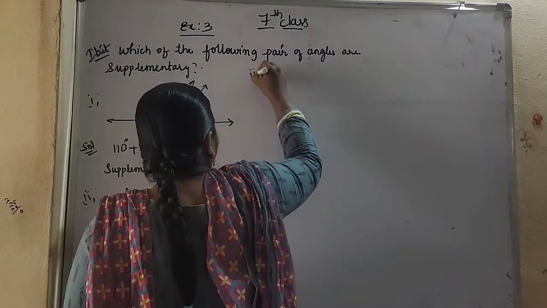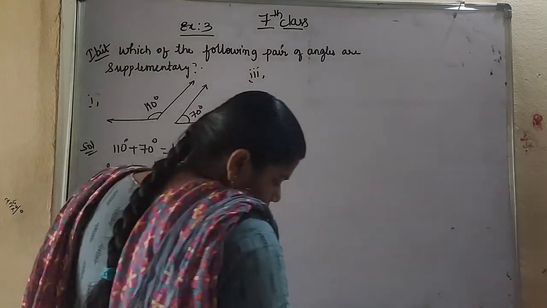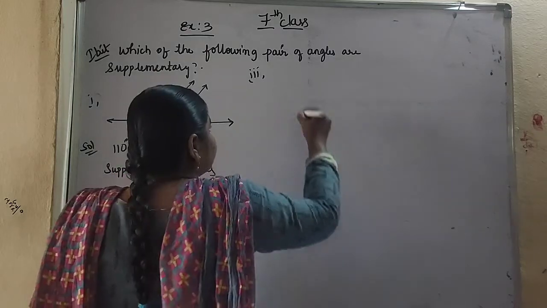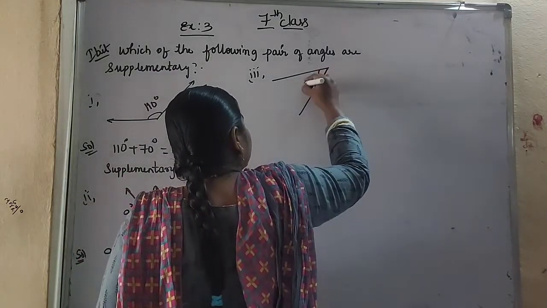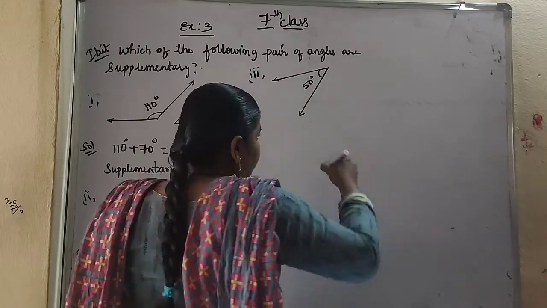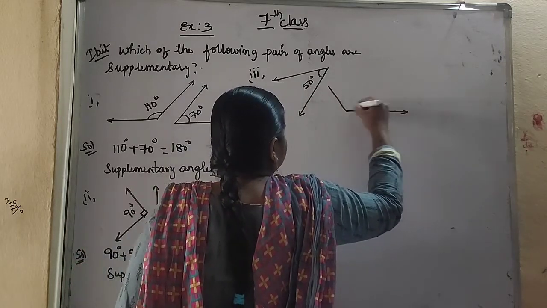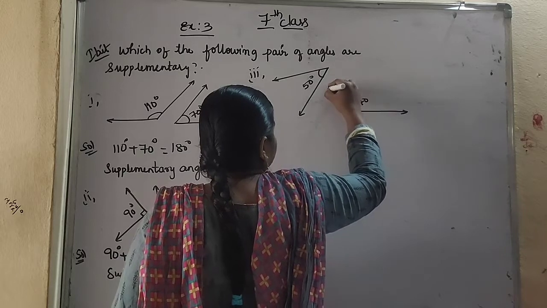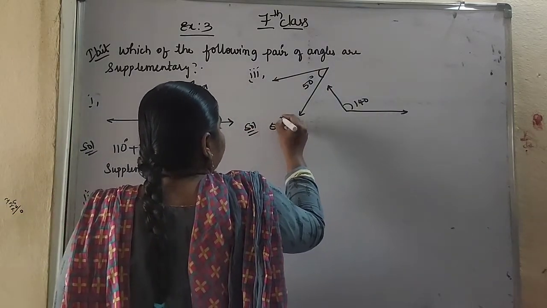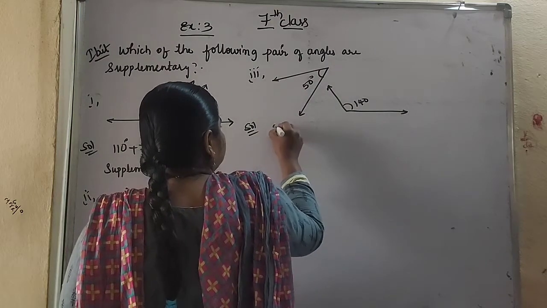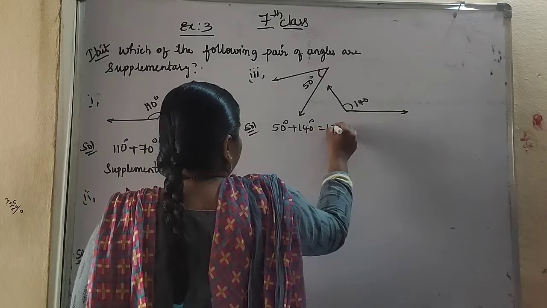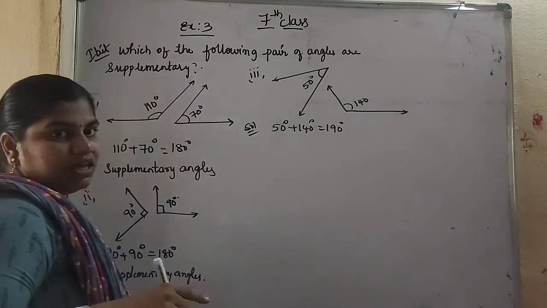Next, the third one. It is 50 and 140. This is 50 degrees and the other is 140 degrees. If you add this, how much will you get? 50 degrees plus 140 will be equal to 190, but it should be only 180.